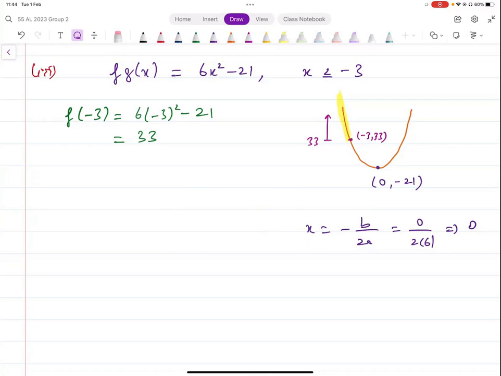So the range of fg, you can say y greater than or equal to 33 if we want, or you can say fg of x is greater than or equal to 33. That's the range of this function. Okay. It was a simple quadratic function, we just checked the turning point, and checked the one endpoint.